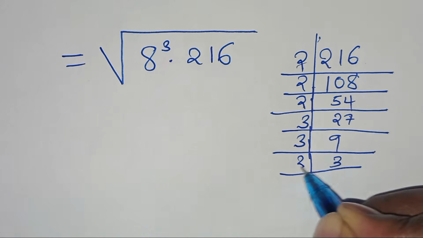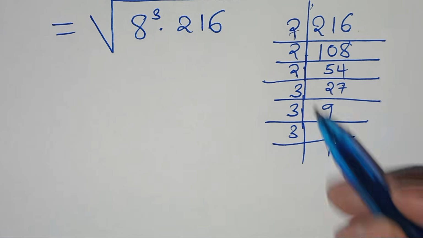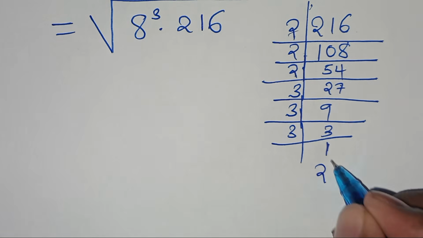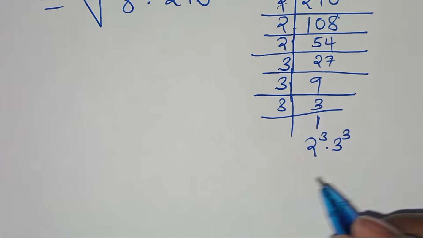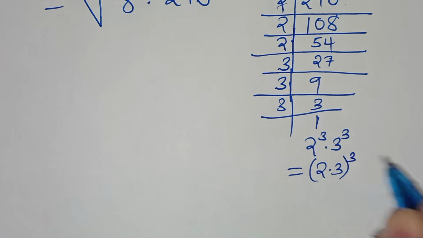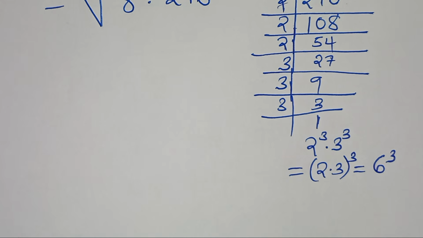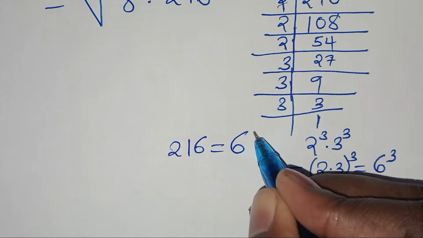And we have 3 divided by 3, this is 1. So this implies that we have 2 to the power of 3 times 3 to the power of 3. And this is the same thing as 2 times 3 raised to the power of 3. And this is equal to 6 to the power of 3. So we have that 216 is the same thing as 6 to the power of 3.